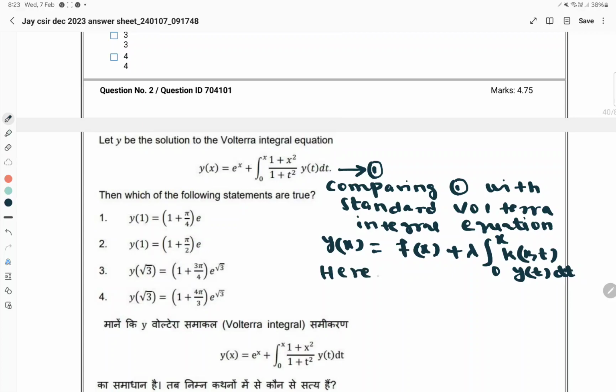Here f of x is e power x, lambda is 1, and k of x comma t is 1 plus x square by 1 plus t square.